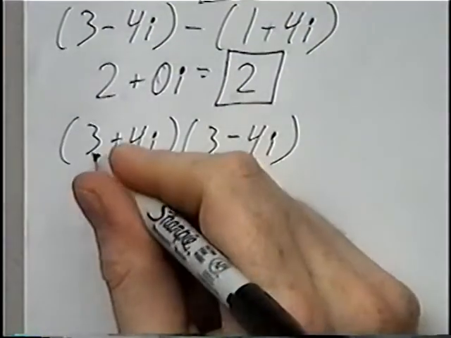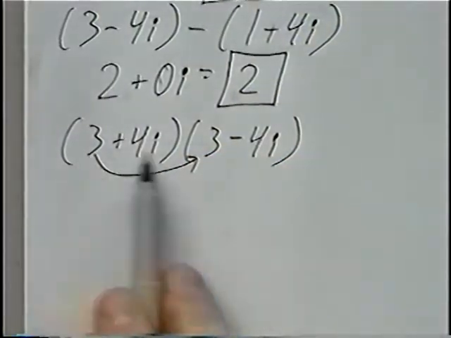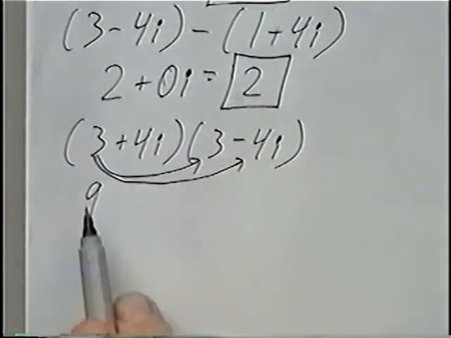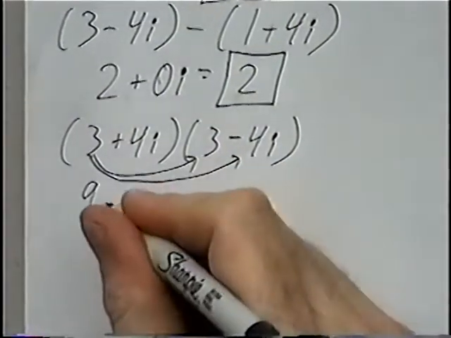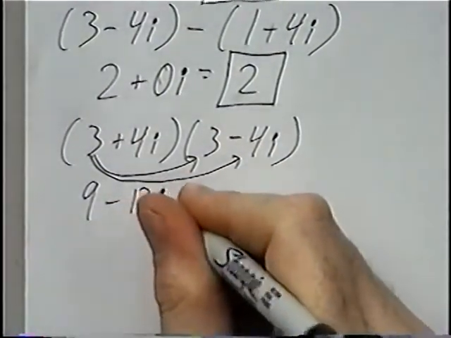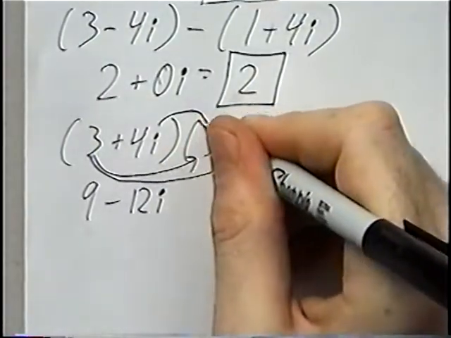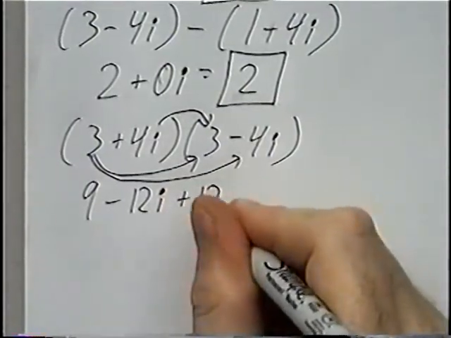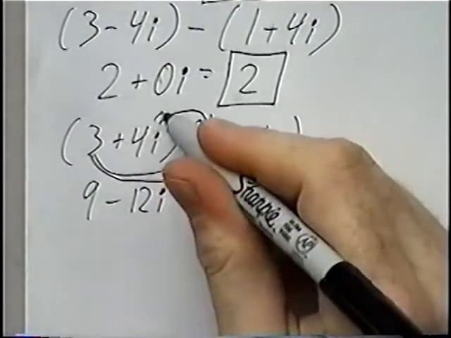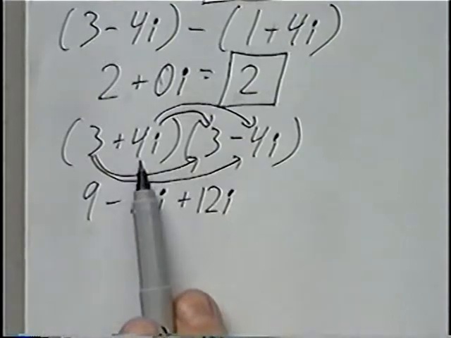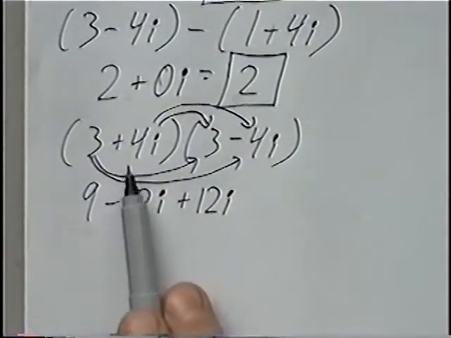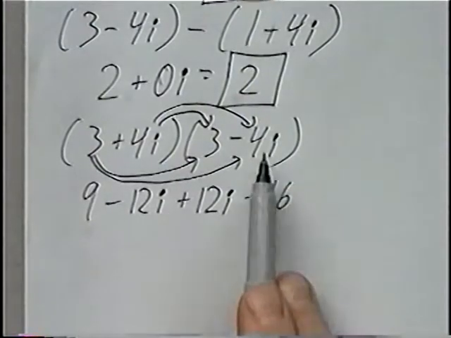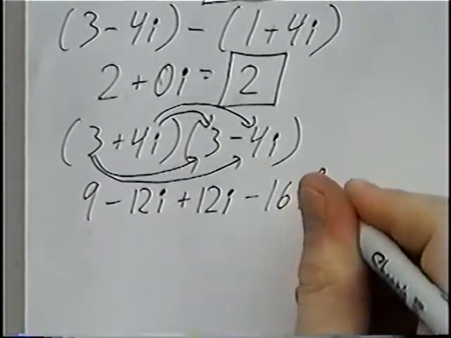Two parentheses we can multiply or use FOIL. 3 times 3 would be 9, and the outside terms, 3 times a negative 4i would be negative 12i. Multiplying the inside terms, positive 4i times 3 would be positive 12i. And multiplying the last terms, 4i times a negative 4i, 4 times a negative 4 would be negative 16, and i times i would be i squared.